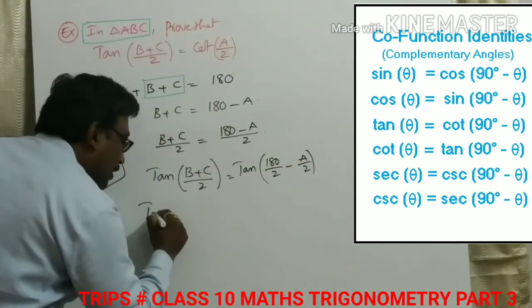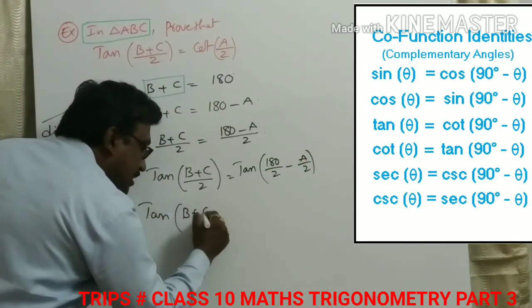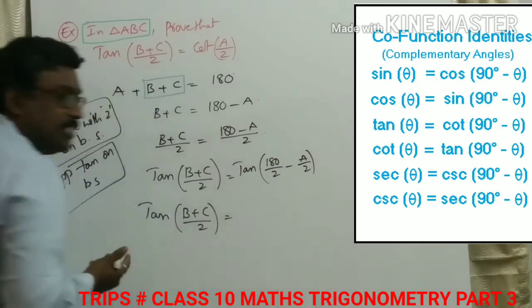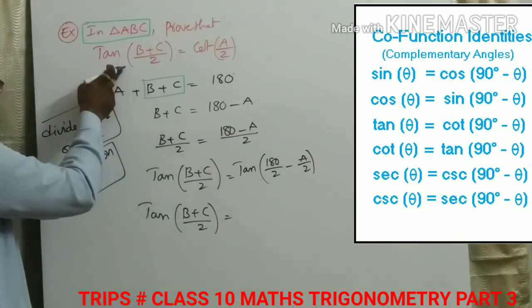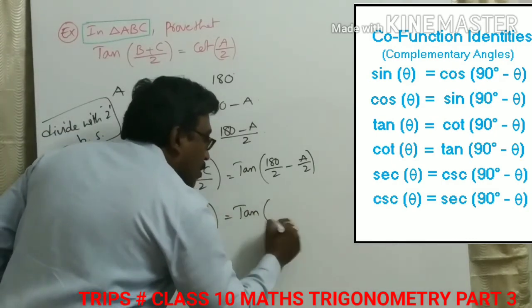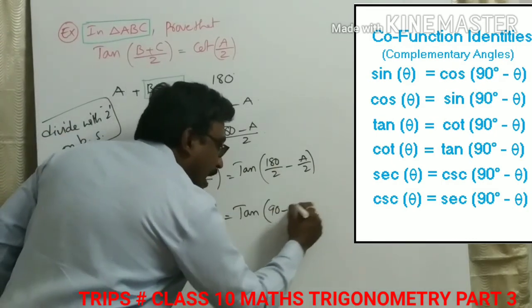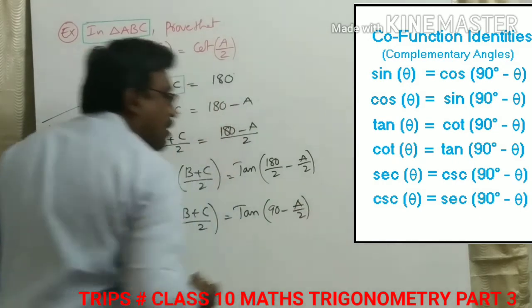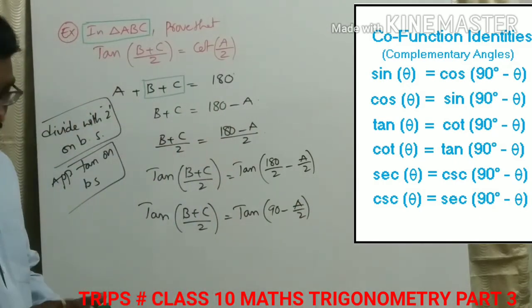Now, tan (B plus C) by 2: you need not change this, because it is already in the question. You need not change the LHS. Now 180 by 2 is 90, so 90 minus A by 2.